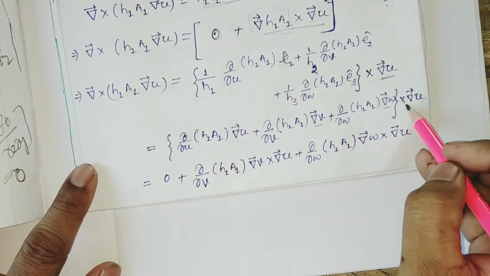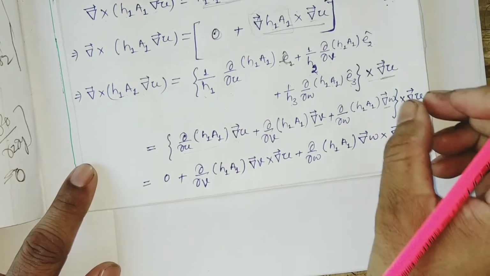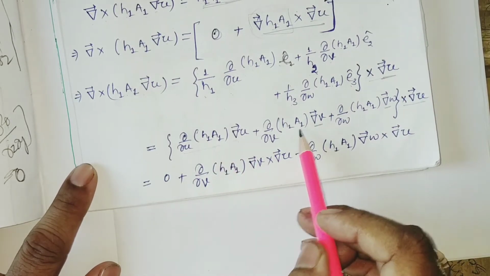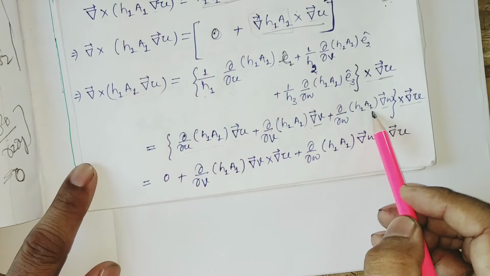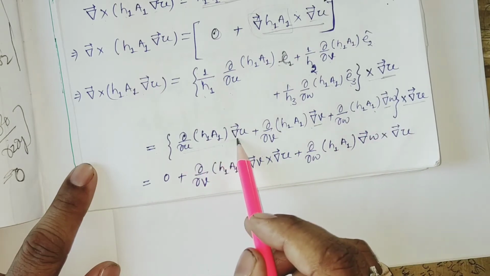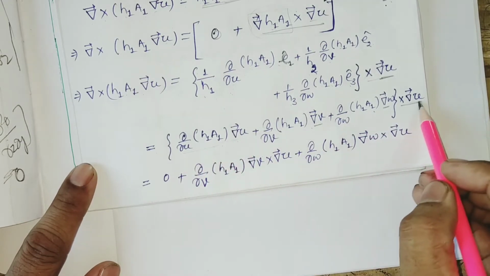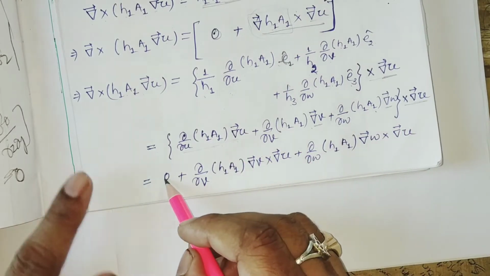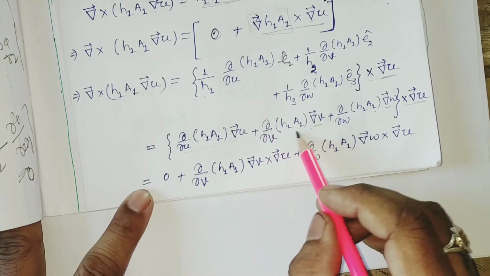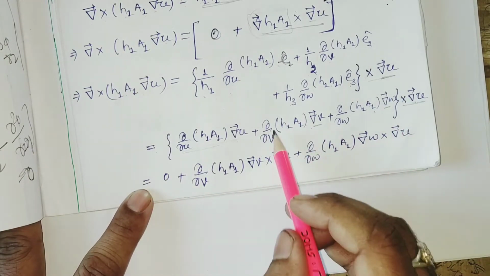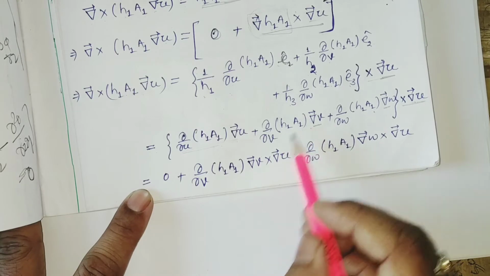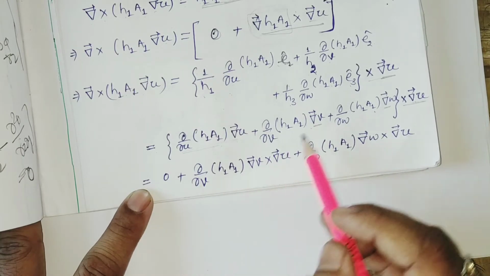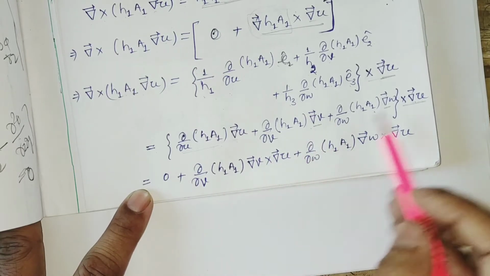Now this cross del u can be operated on these terms. So this term cross del u: here del u cross del u will be 0. Then this term cross del u, that means del by del v of h1 a1, del v cross del u.